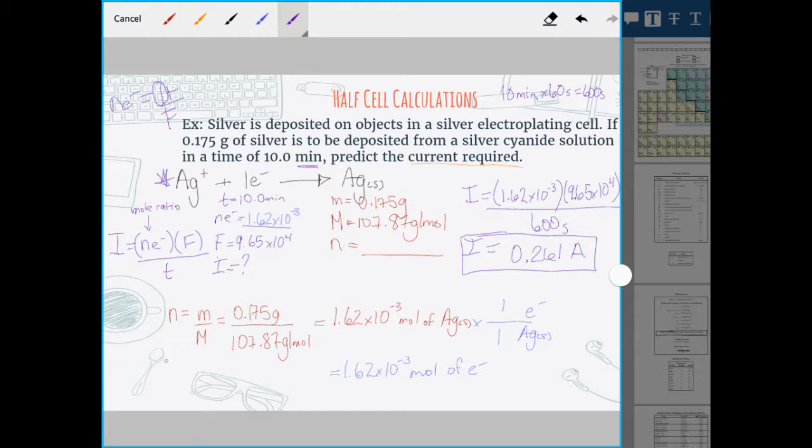So remember, you always go from your known to your moles, to moles using your mole ratio, and then to what you're looking for, your unknown. So your known to your unknown using this magic mole ratio.